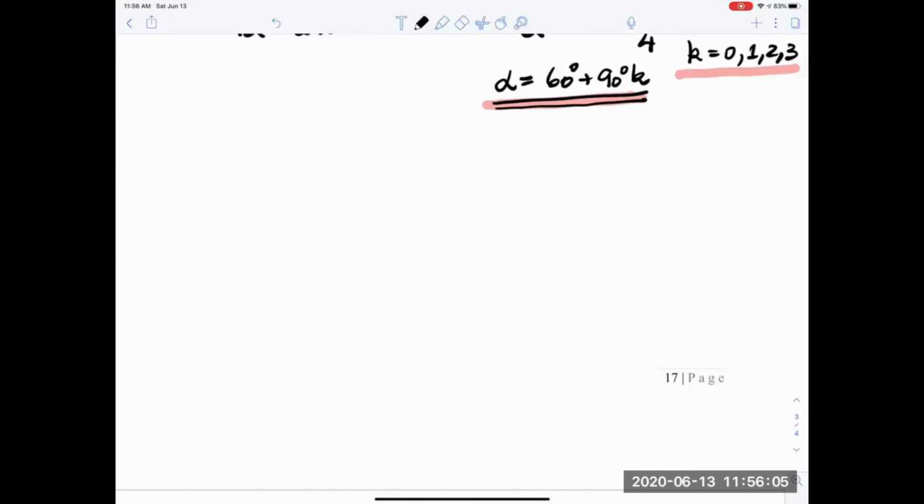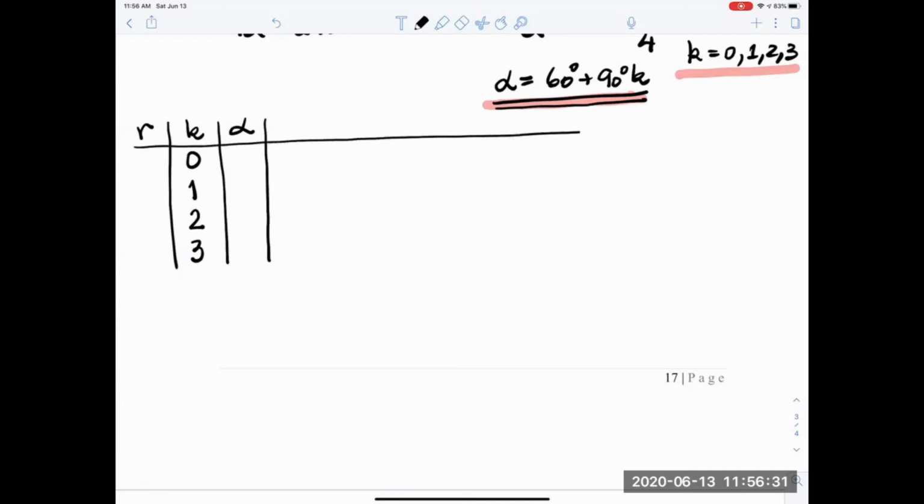I'm going to do it like this. R, which is the fourth root, and then k, and my k is 0, 1, 2, and 3. And then I'm going to write alpha, how much that is. You will see how nice it is if you have it in a table format, it's really easier to follow.